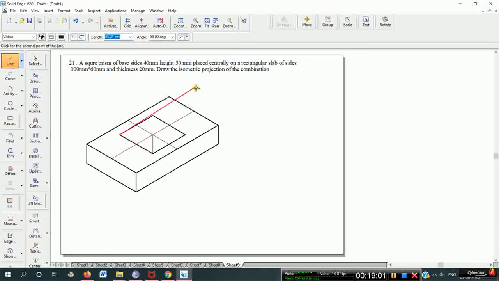Now from each corner, the given height is how much? 50 mm. So construct 50 mm.